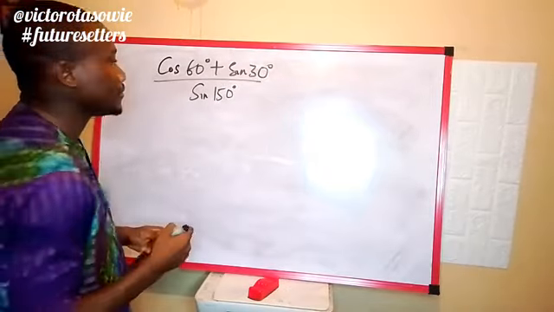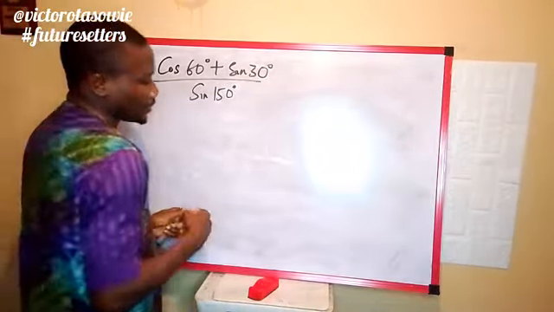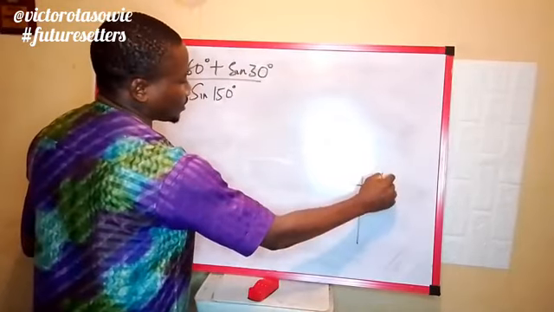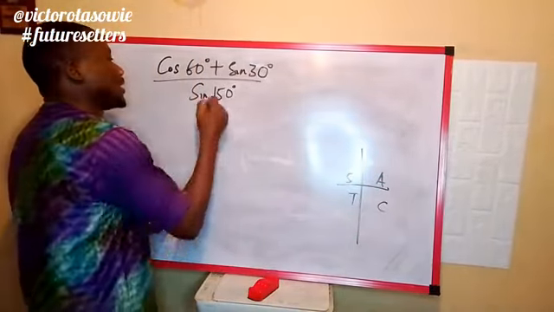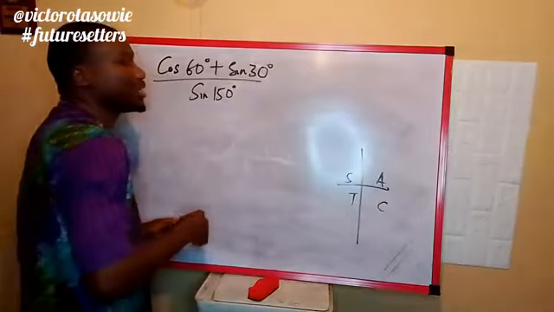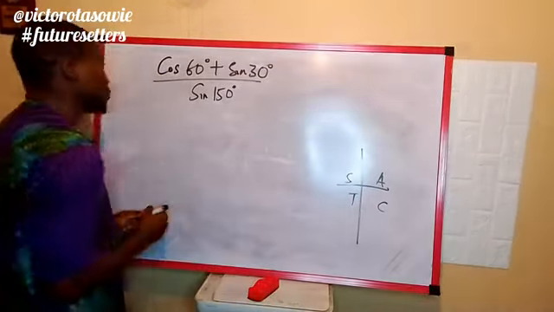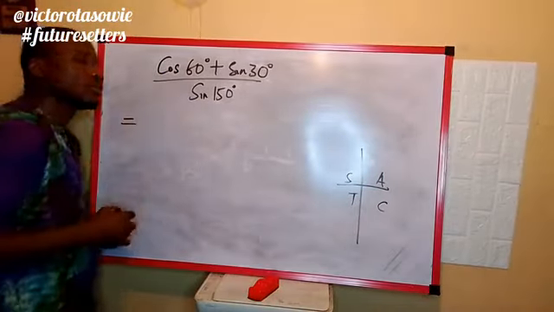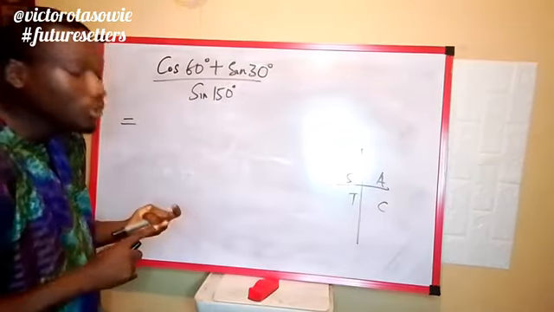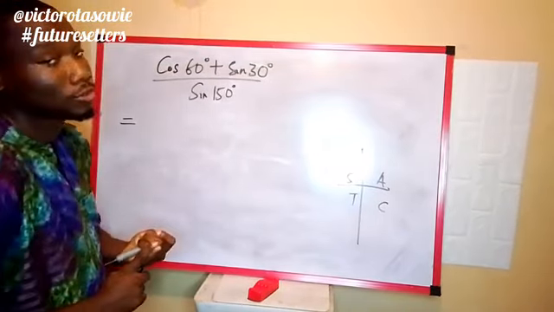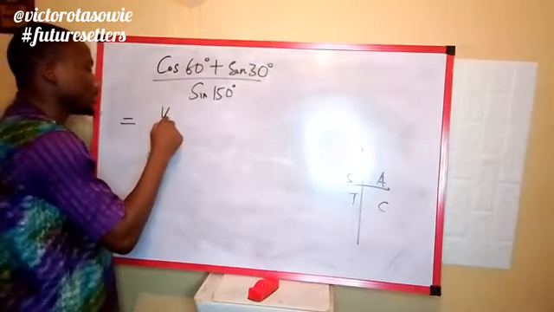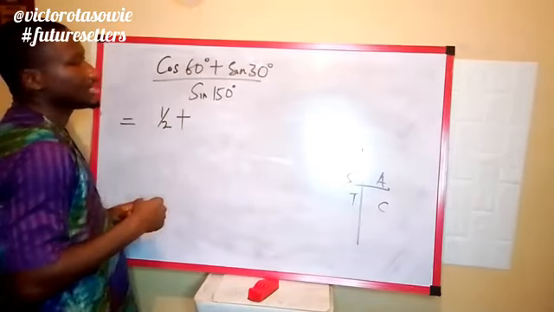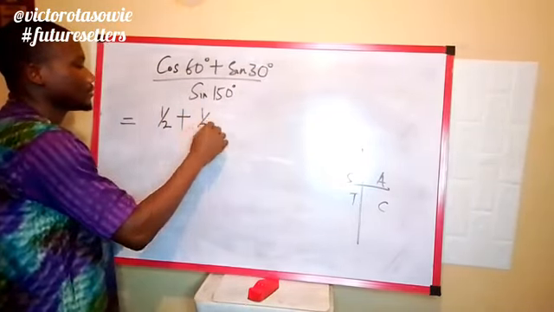First things first, we have our ACTS. We know that this sine is in the second quadrant, and in the second quadrant sine is positive. So first remember cos 60 is half, so replace it with half. Now sin 30 is half.